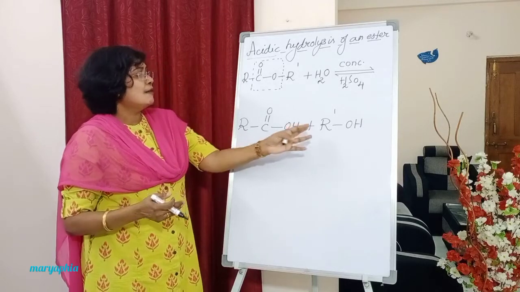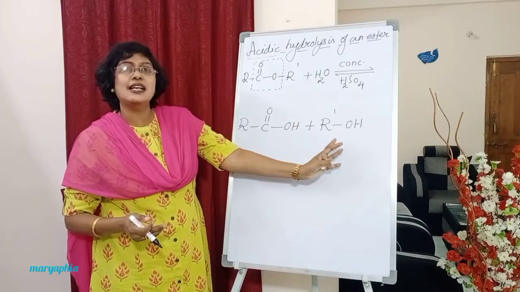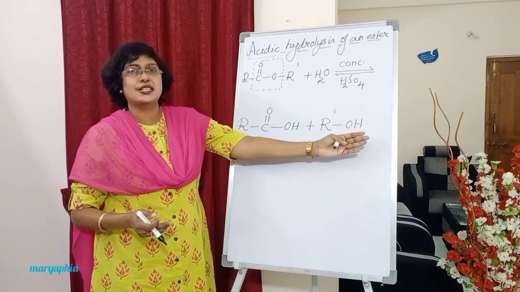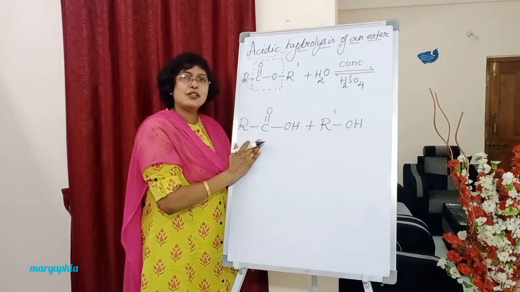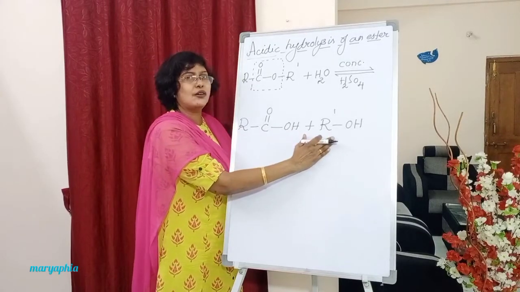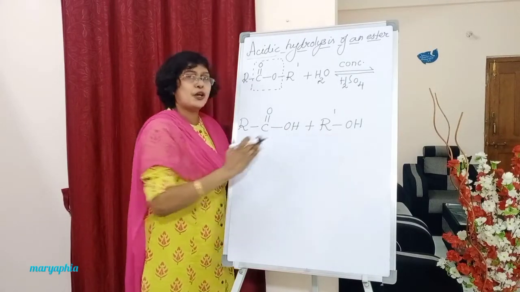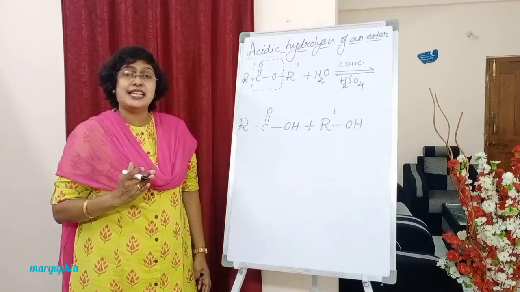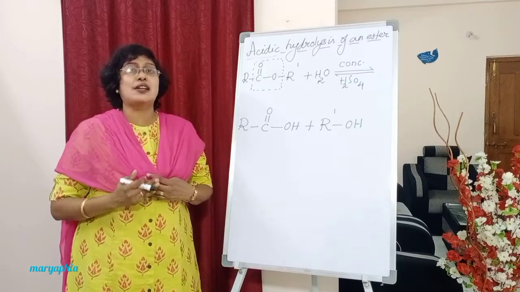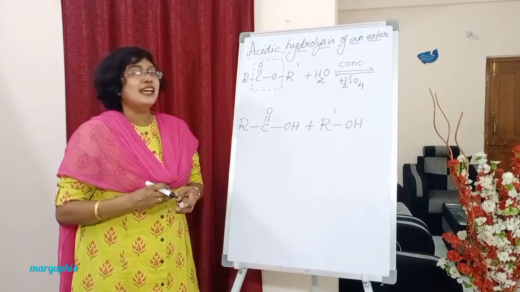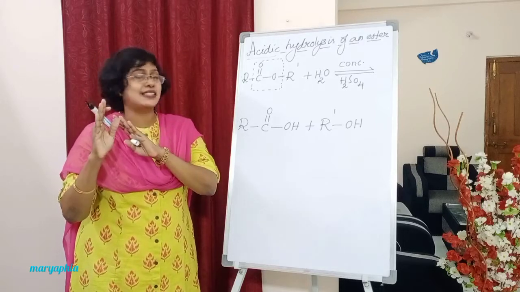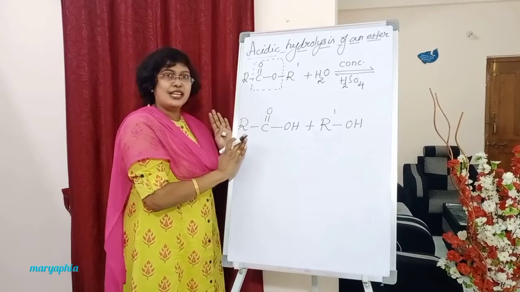Please write down, plus the corresponding alcohol, ROH. Students, this is the ester, this is the carboxylic acid, this is the alcohol. These are the two products we get on hydrolysis of an ester in the presence of an acid. So this is the reaction.